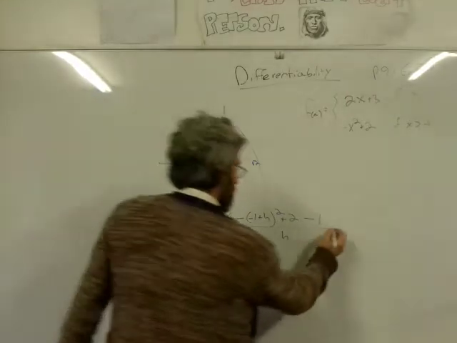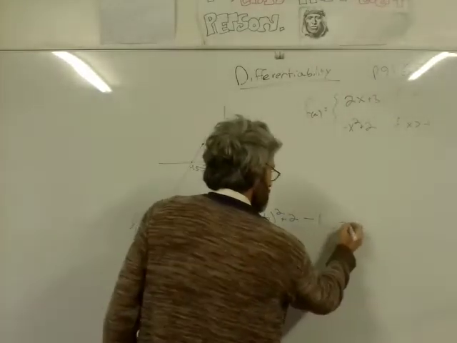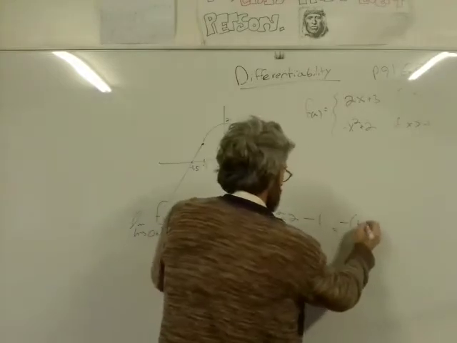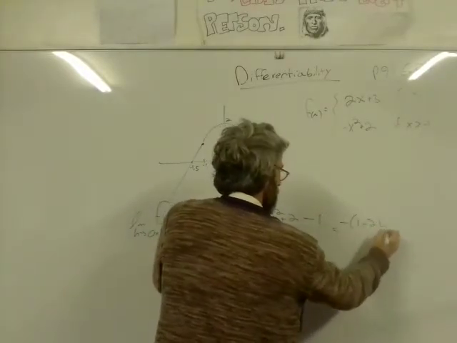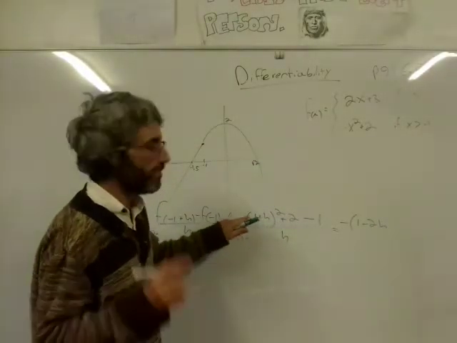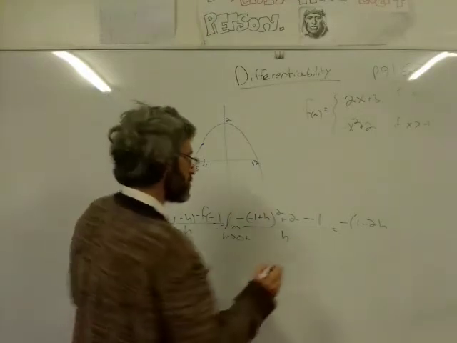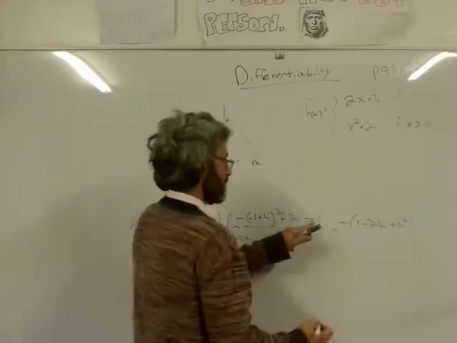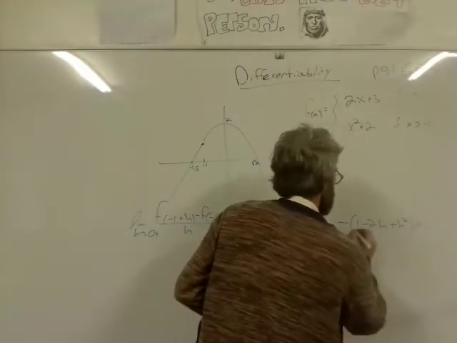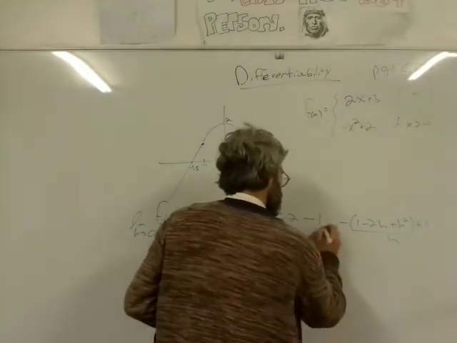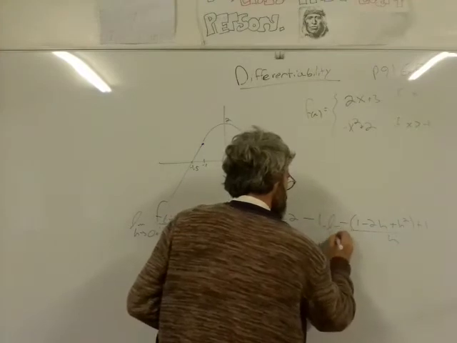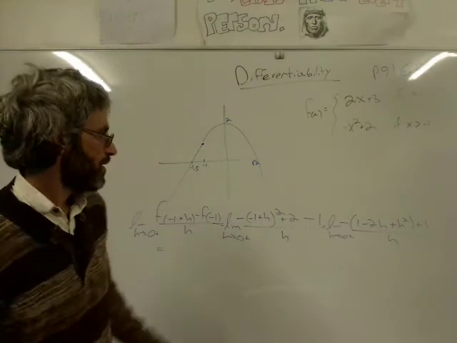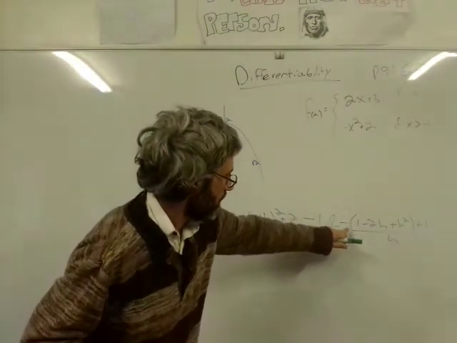Okay? Right, now we need to open that. So keep that minus there. Minus 1 squared is plus 1. Minus 2h, that is minus 1 times 2 times minus 1 times h. Plus h squared. Plus 2 minus 1, it's plus 1. Divided by h, not forgetting again the limit as h approaches 0 plus. Now, limits.